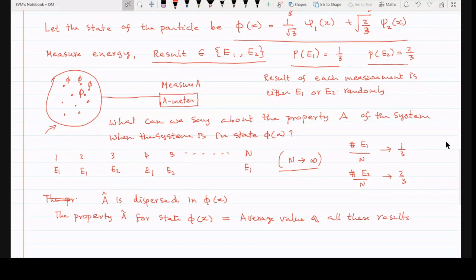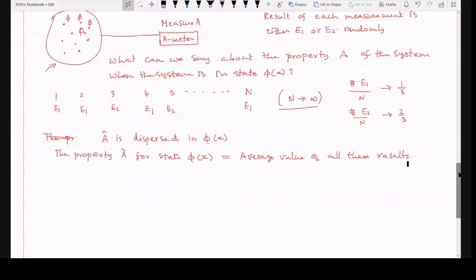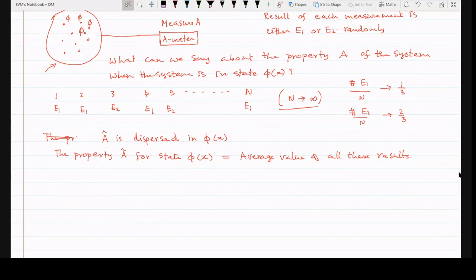Let's say you are trying to measure some quantity, you do it several times and take the average of that experiment, right? In the same way, you can talk about the average value of all these results. And this average value is what you call in quantum mechanics the expectation value.